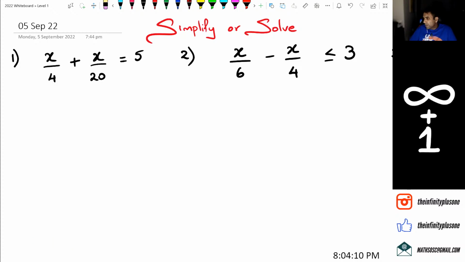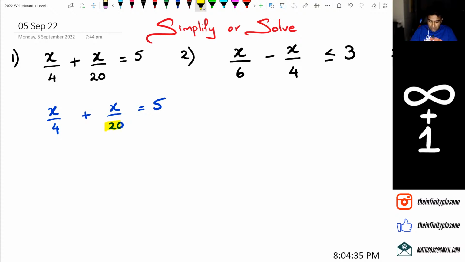The way I do this is I always tend to work with a little bit of gap when I do these kinds of fractions questions. So what do I mean by that? I've got x over 4 plus x over 20 equals 5. The first thing I want to do is have a look at the denominator.